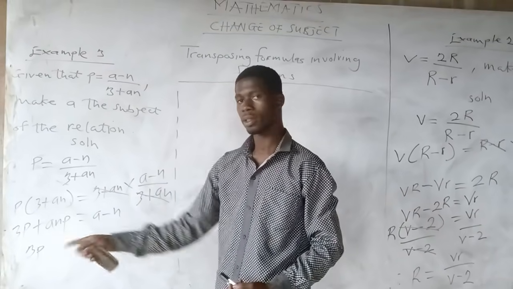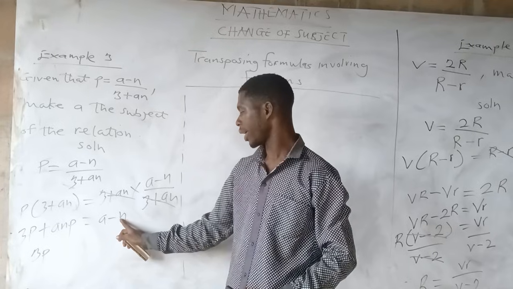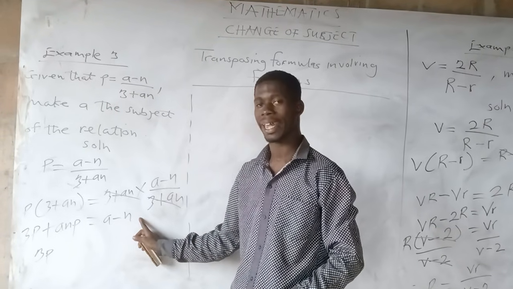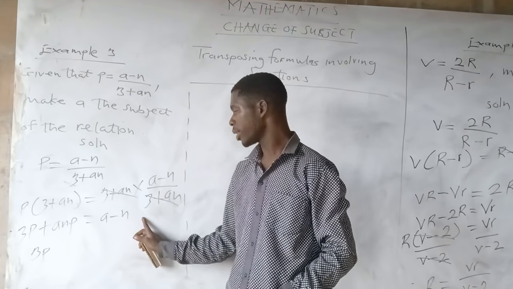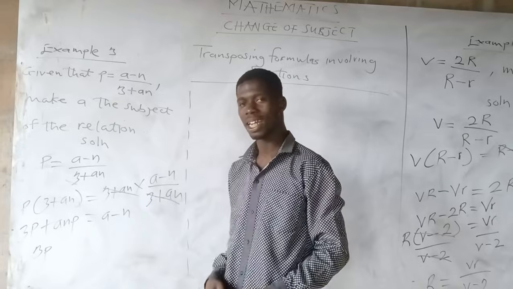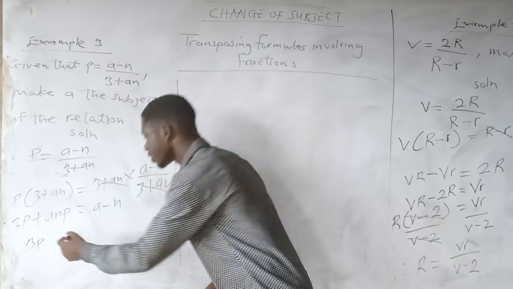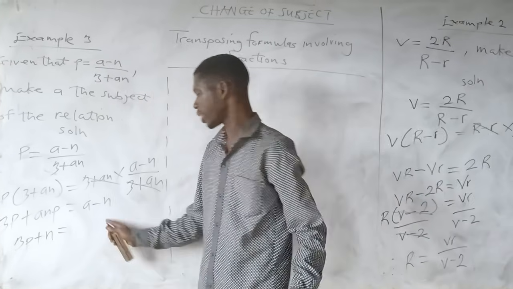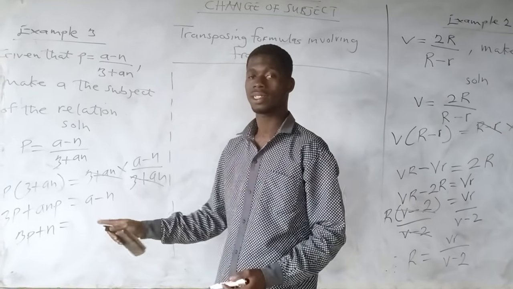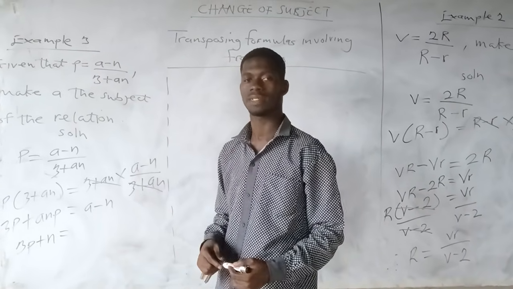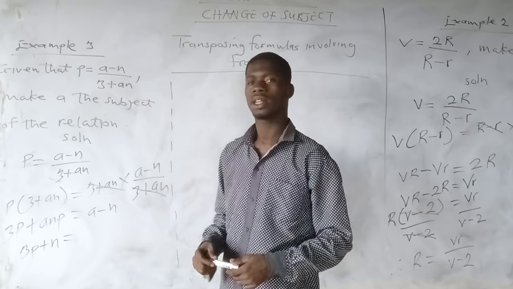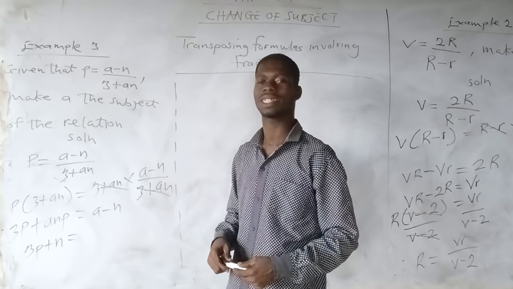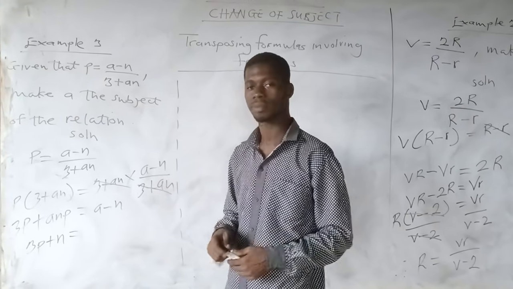This one is coming here, the small n, that's minus N at the right hand side. When it crosses the equal sign, it becomes positive. It has moved from right hand side to the left hand side, and at the right hand side it was negative, so by crossing the equal sign it becomes positive.